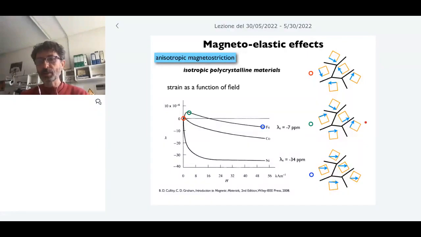And then I've just rotated the domain by 90 degrees when needed, in order to take the easy axis which is closer to the field. This process is quite easy, no? It occurs at quite low fields because you only have to move magnetic domains. Otherwise, if you apply an extremely large field, then you also overcome the magnetic anisotropy, and then the magnetization will be completely aligned with the field.